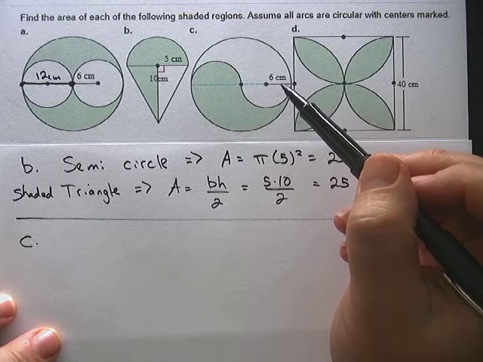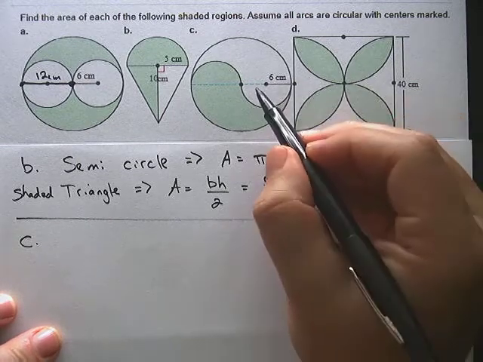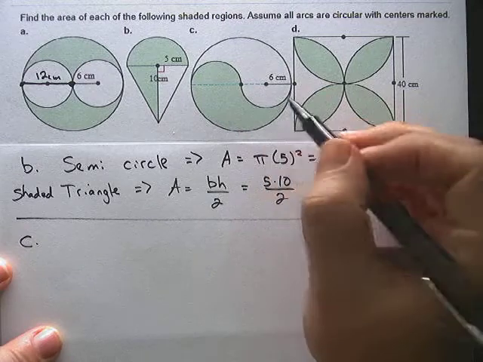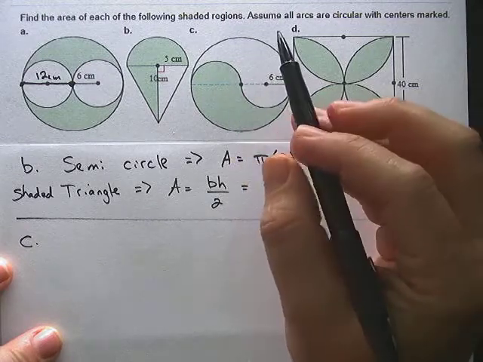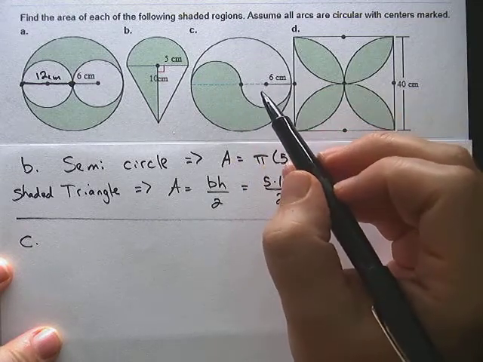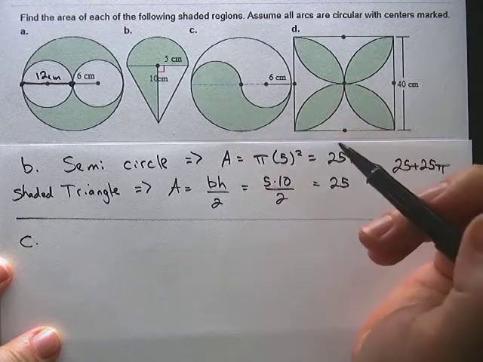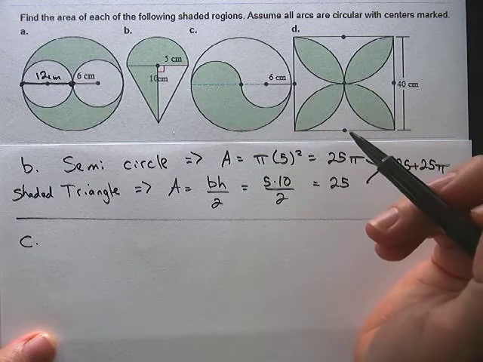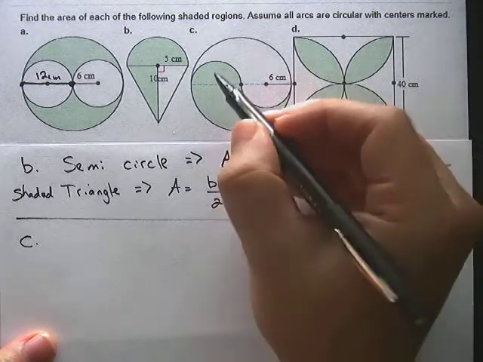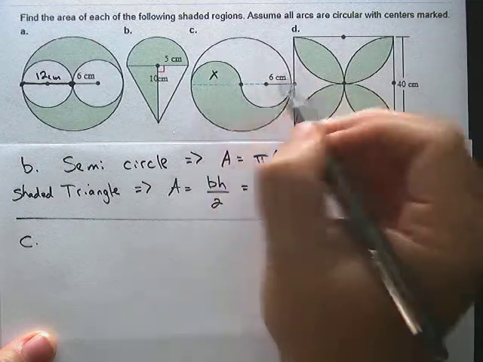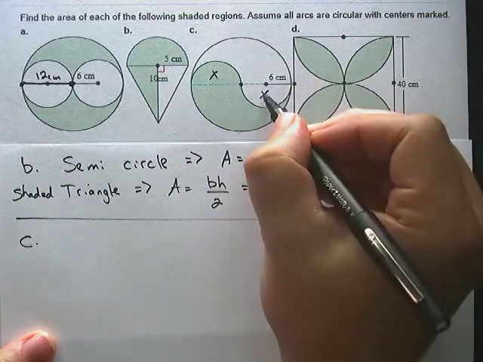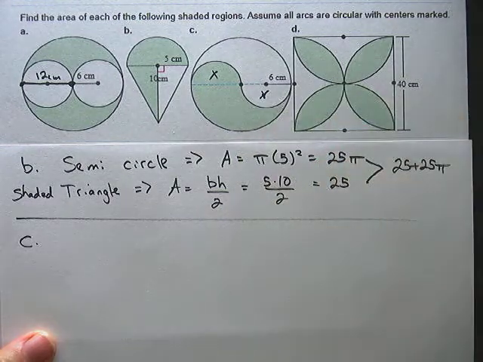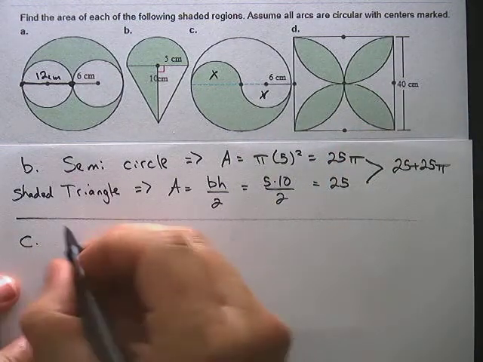Now you could do a little more math on this, and take the entire circle, and then add in this and subtract that. But that's really too much work for this. If you see that this area, we'll call it area x, and area x are the same, they cancel each other out. So this is going to be just the area of a semicircle.